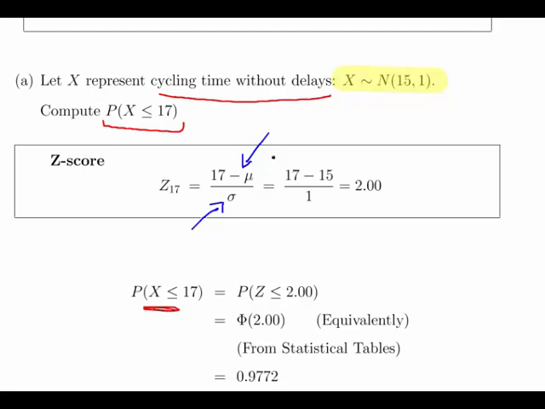The z-score corresponding to 17 minutes, when x is normally distributed with a mean of 15 and a standard deviation of 1, is 17 minus 15 divided by 1, which gives a z-score of 2.00.